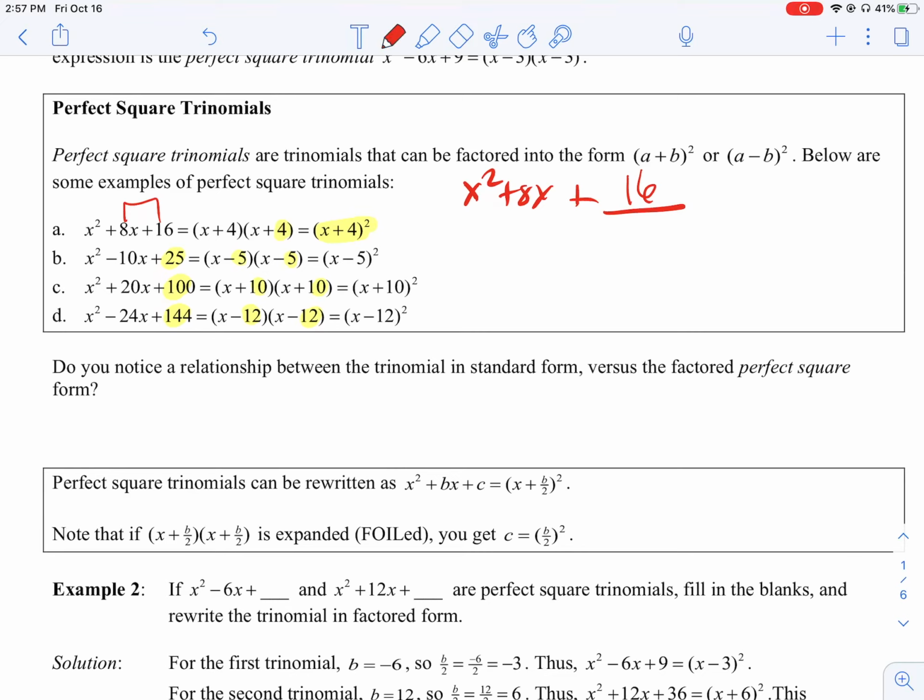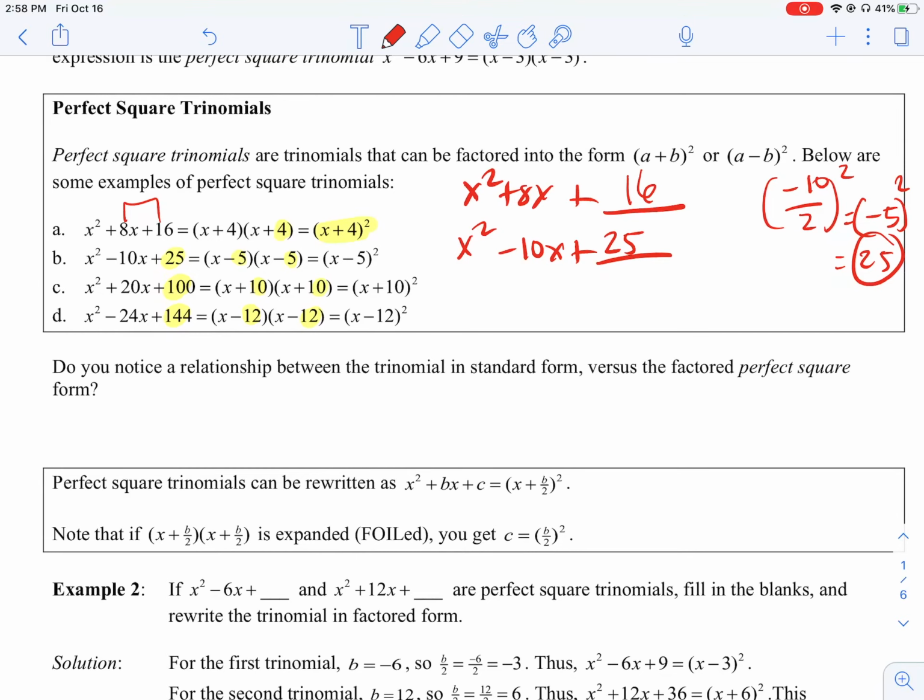Let's try the next example. x squared minus 10x. If we divide the negative 10 by 2, we will get negative 5, correct? If we square that, negative 5 times negative 5 will give us 25. And we got 25 as the c value. So the one that will make this a perfect square trinomial is 25.